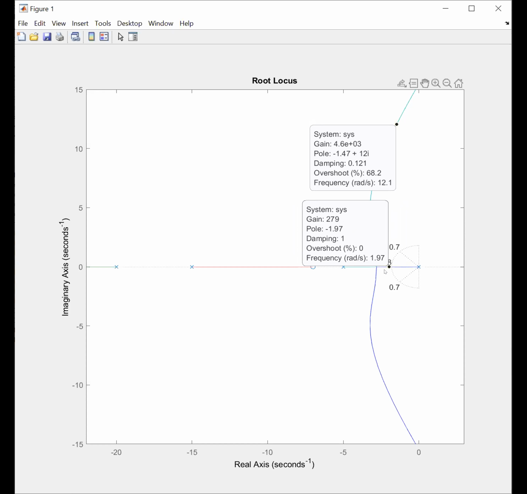So at this gain value, a gain of 279, both the conditions are satisfied. So that is what it means when you try to solve the system using this.